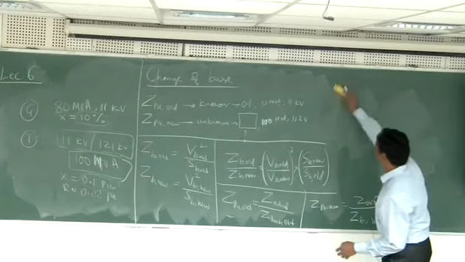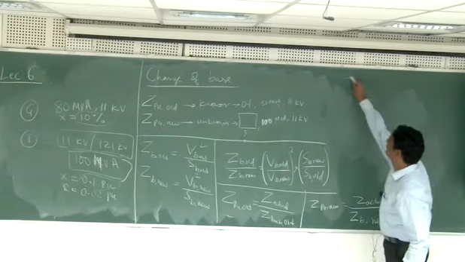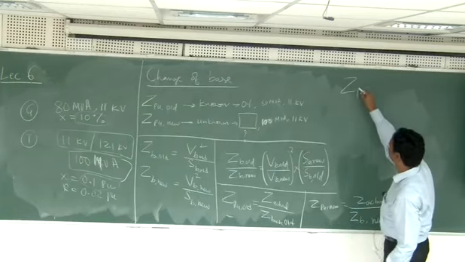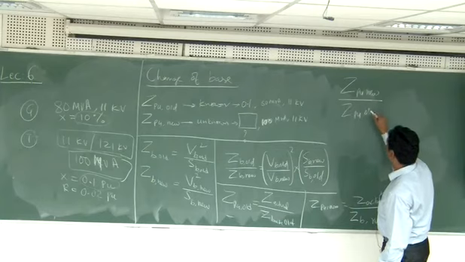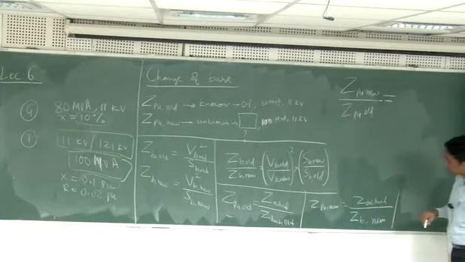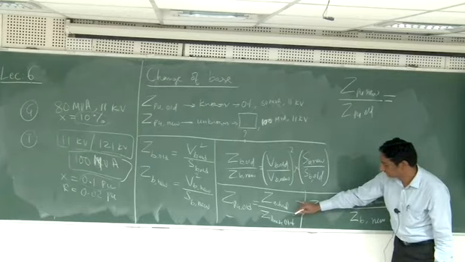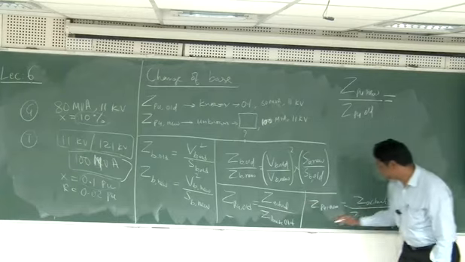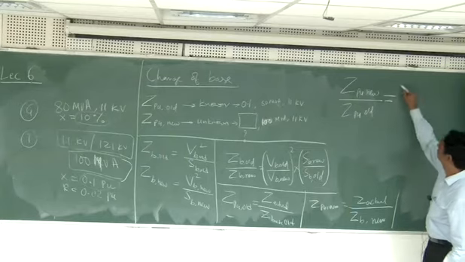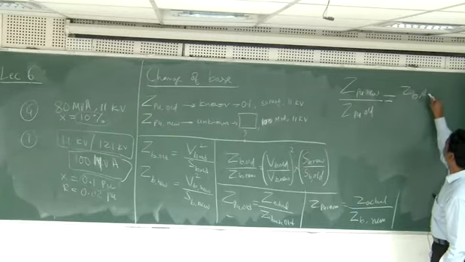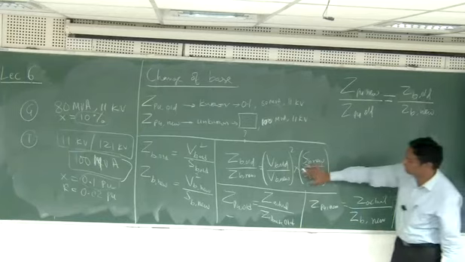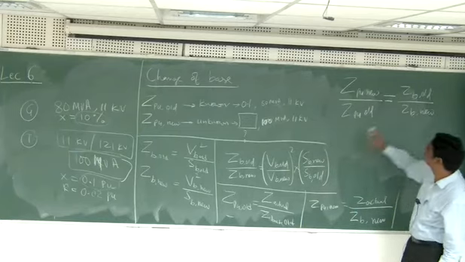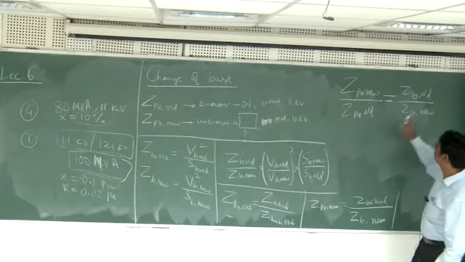I'll write here. So I'm writing this one. Z per unit new divided by Z per unit old will be equal to what? These two will get cancelled. New divided by old, so it will be Z base old divided by Z base new. Now in this place I can put this one, since these two are same.